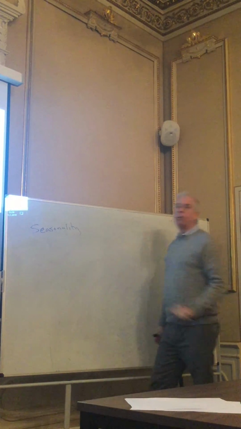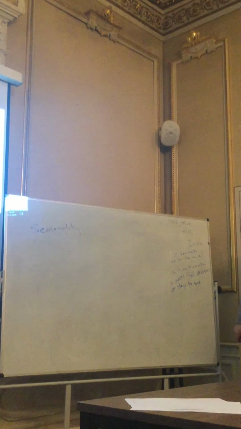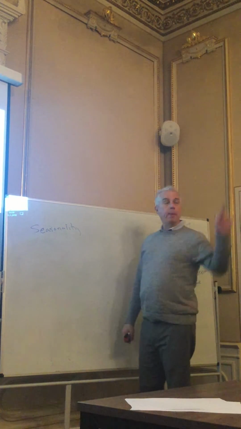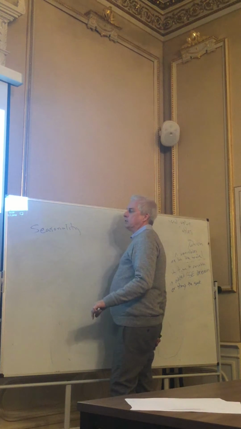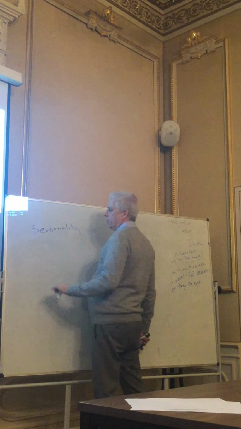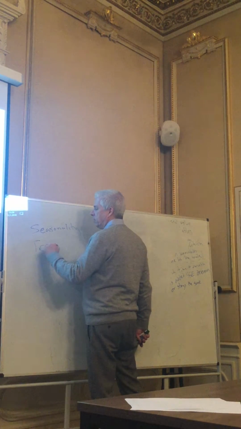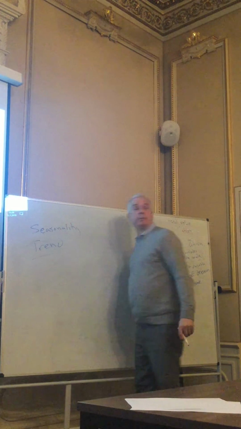I'm going to show you how to address seasonality. And you mentioned something else: you said it's always getting more expensive. The general curve is going up, shifting. That's called trend.